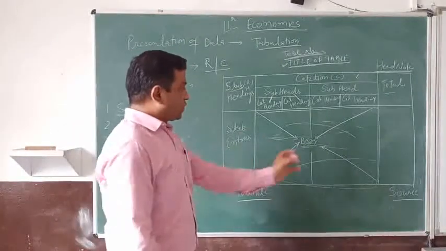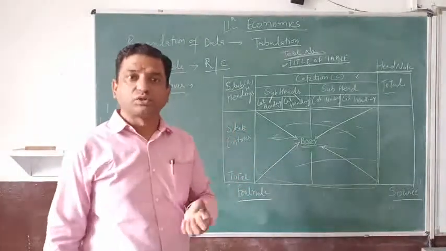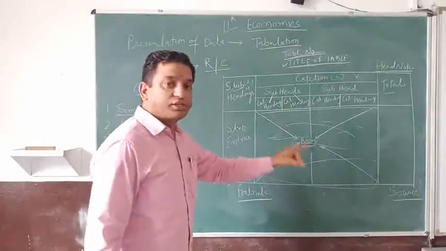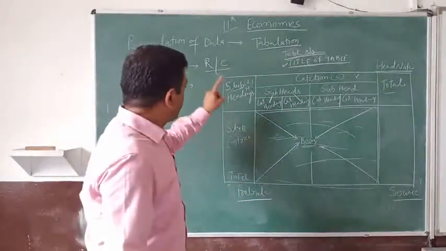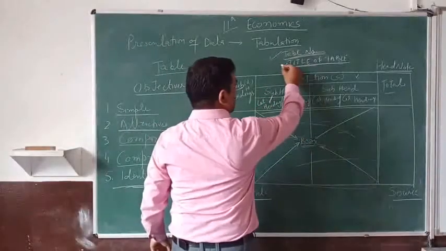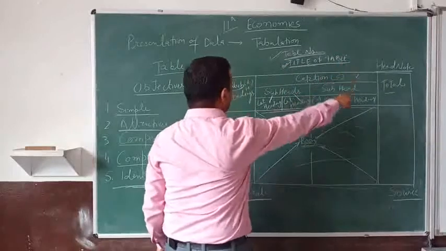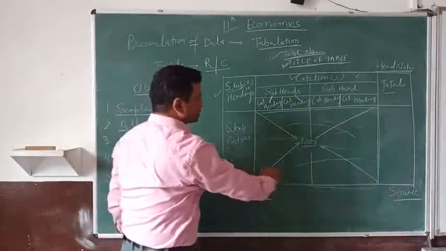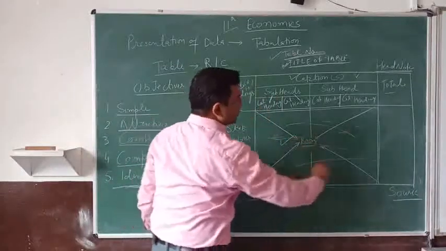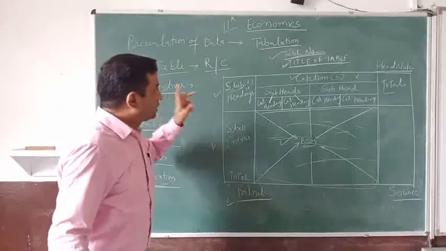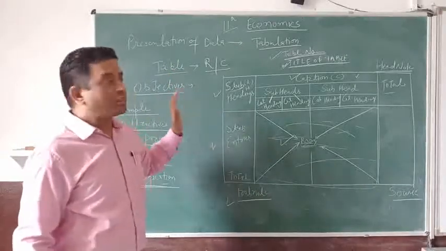Source means from which source you have collected all this information. These are the parts of the table: the very first, table number, title of the table, head note, stubs, captions, stub entries, body, footnote, and the last is source. This is the part of a table.